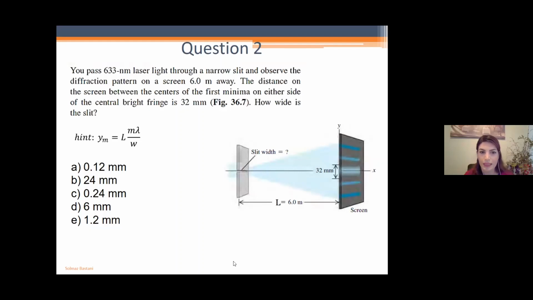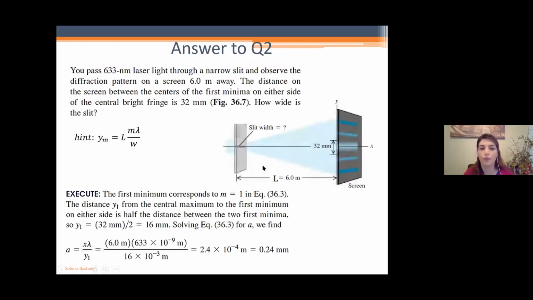So 60% of the students who answered said C, then 27% said A, and I have some E. So let's see. This is a very straightforward problem. The only thing you needed to pay attention to is that the distance the problem gives is 32 millimeters for both sides.